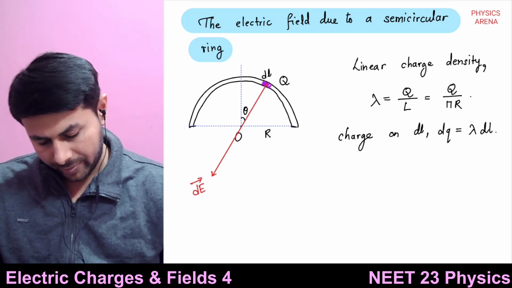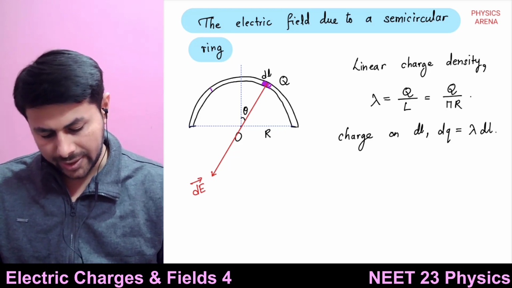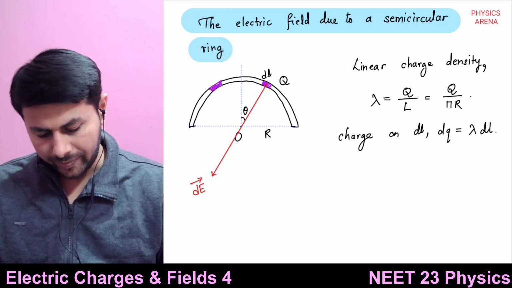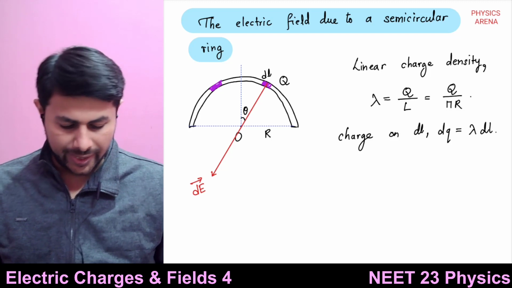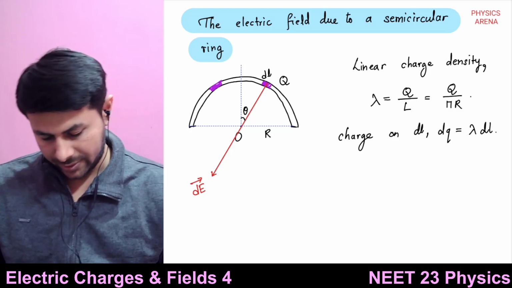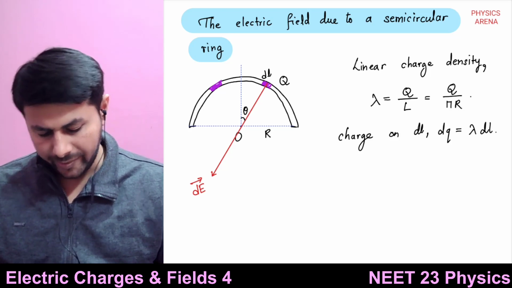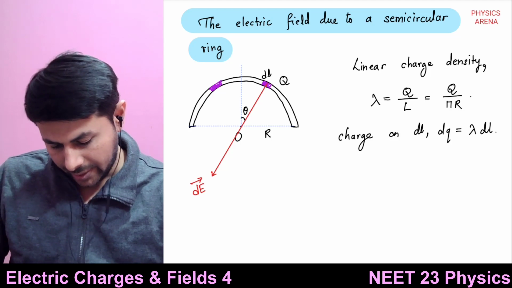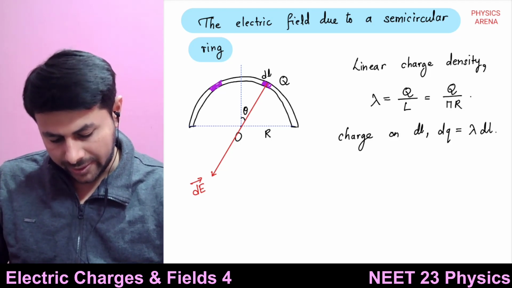We can have a similar length element at the same angle on the other side of the ring, of the same length.